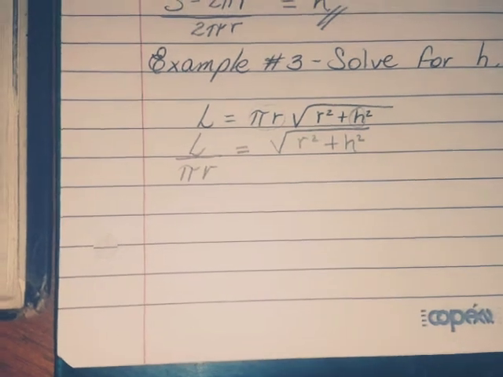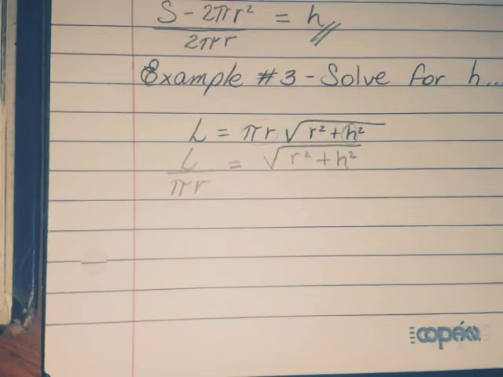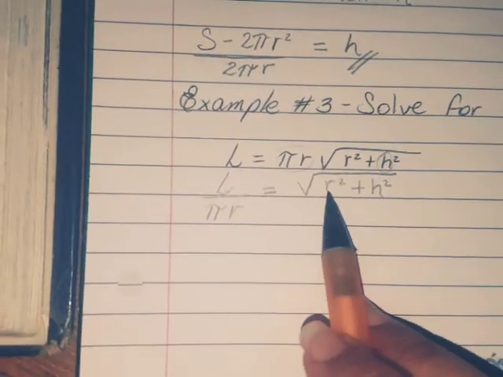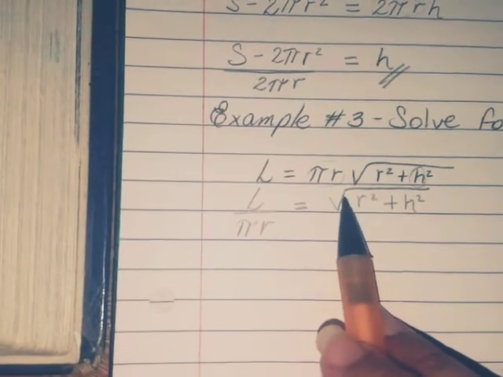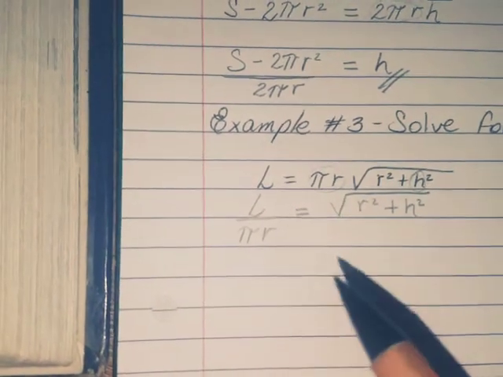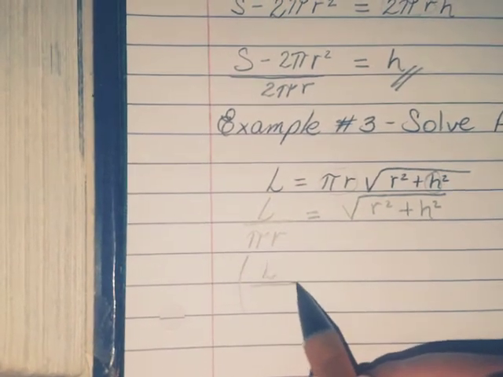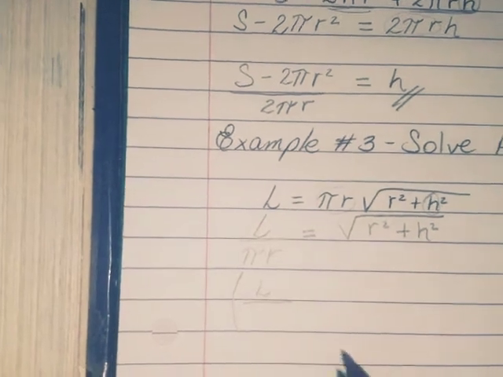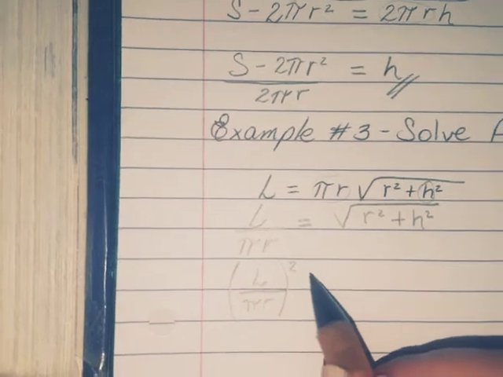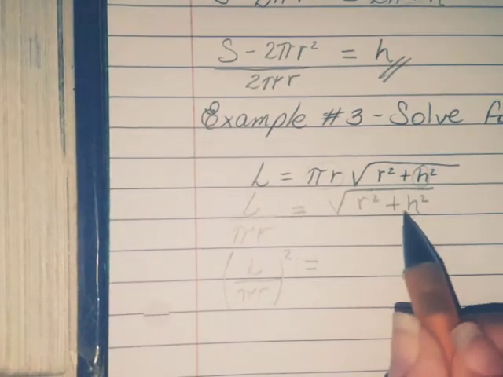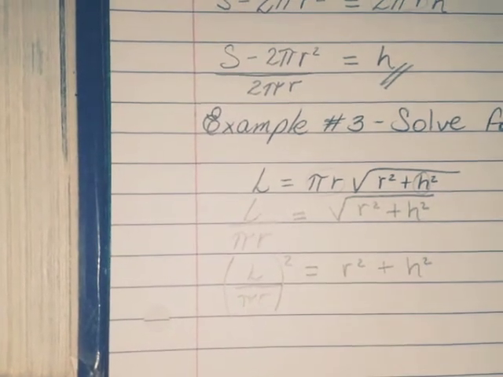Now, r and h are inside of a root. I have to get rid of the root first before getting rid of r or this second power. The opposite operation of a root, that's right, is an exponent. So I'm going to bring it to the other side as an exponent, because that's the inverse operation of the root. L over pi r, all of that to the second power, equals what we had inside of the root, r to the second power plus h to the second power.